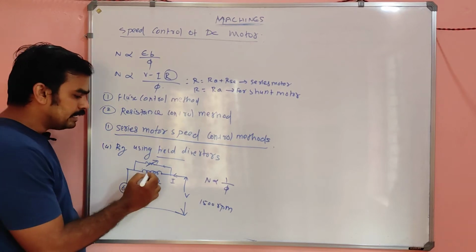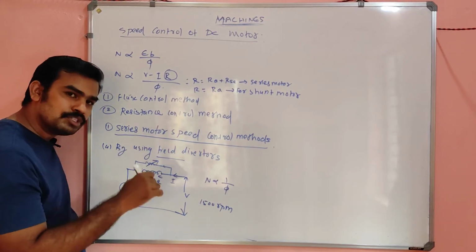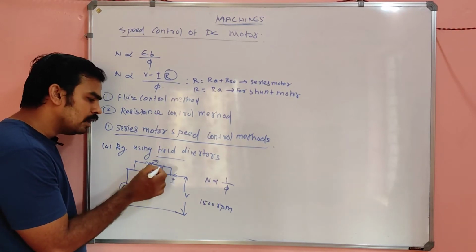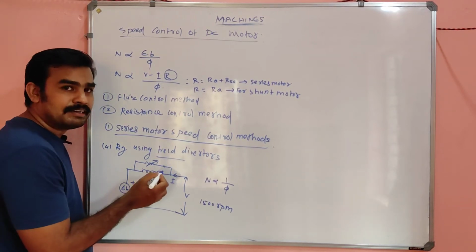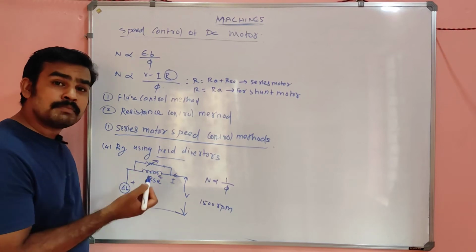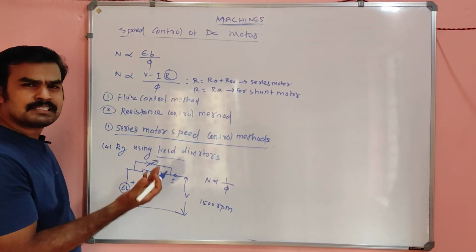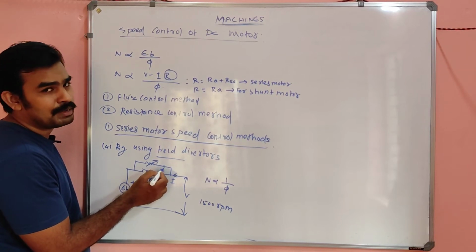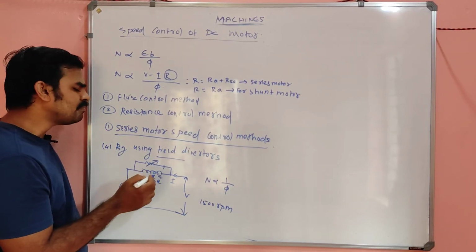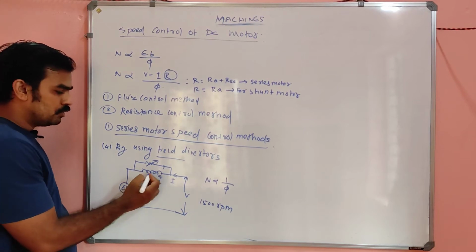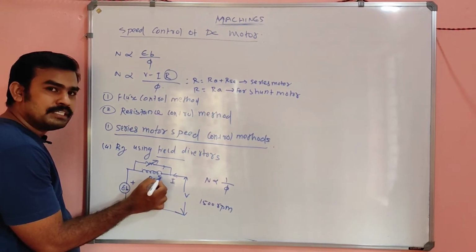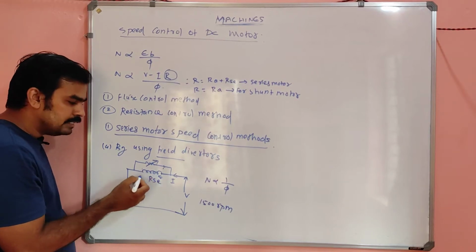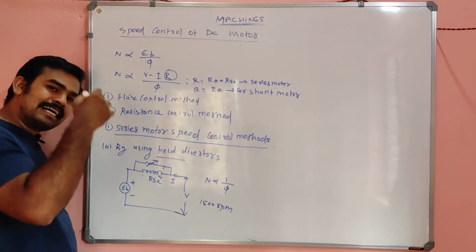That means the current through the series winding will be reduced, because the parallel resistance absorbs a certain amount of current. Now the current flowing through the series field winding is lower than the previous value.